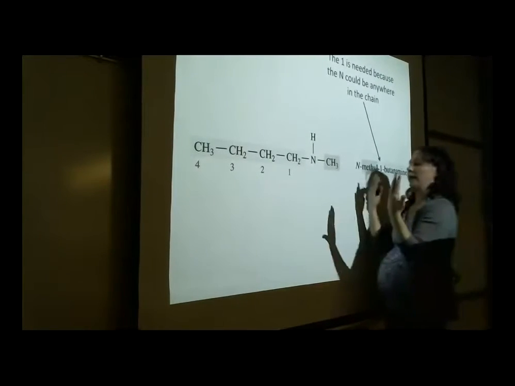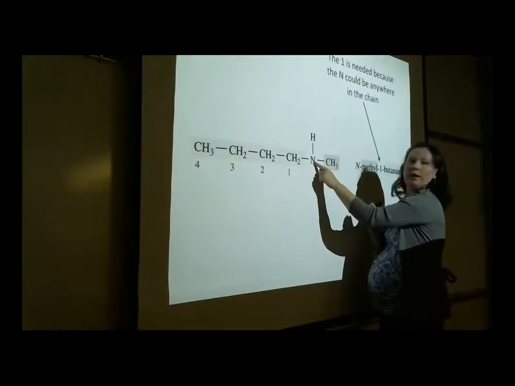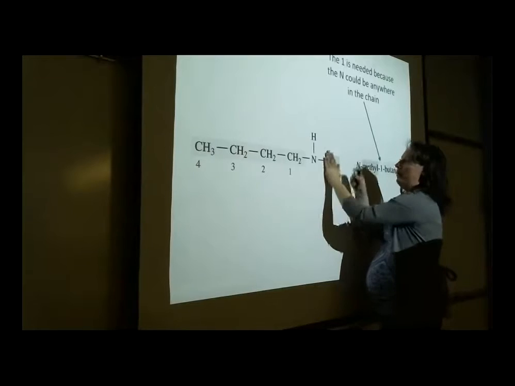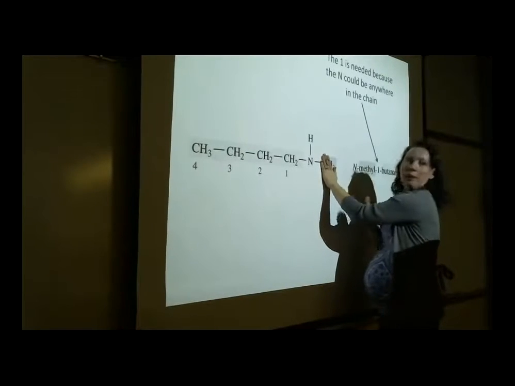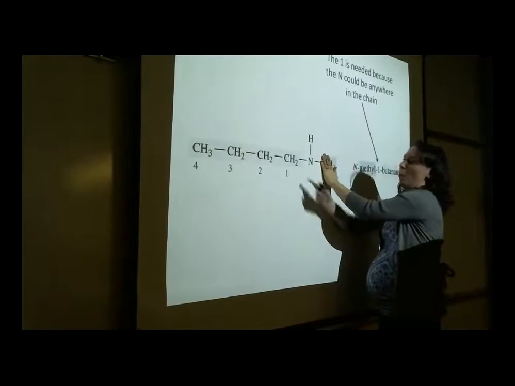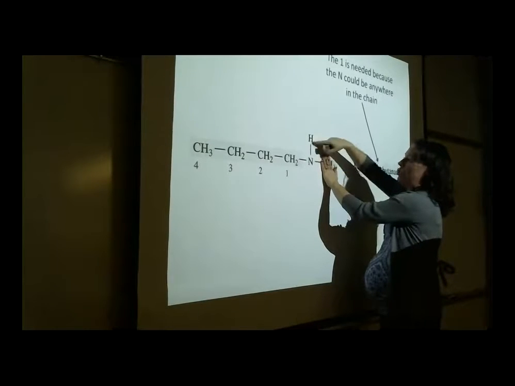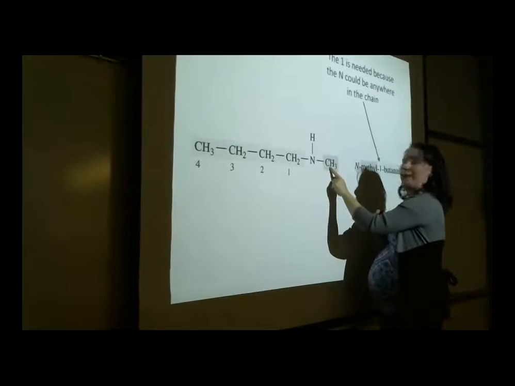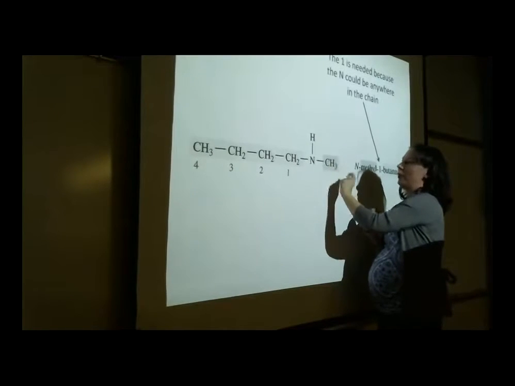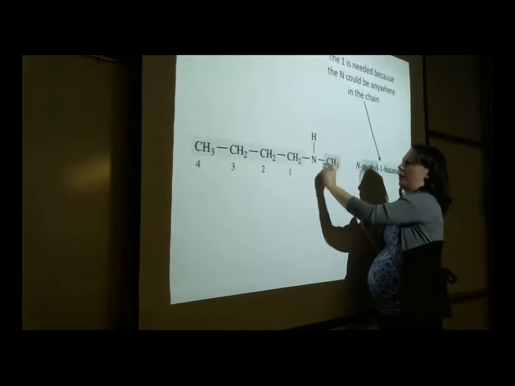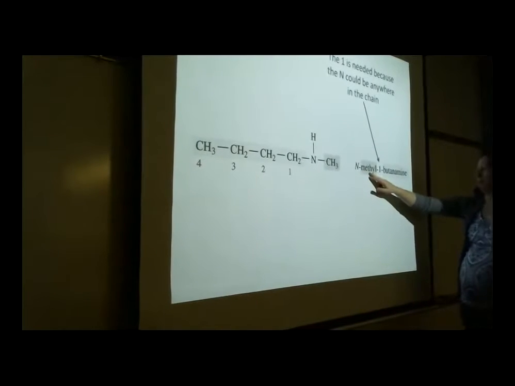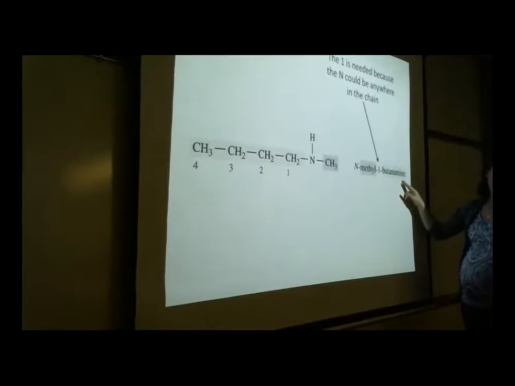So in other words, again, you can think of this as a substituent on a substituent. Because if it were just butanamine, that would be NH with 2 hydrogens, right? 1-butanamine would be NH2 right here. But one of those hydrogens has been pulled off and a methyl group's been put in its place. So we're basically treating this like a substituent on a functional group. So that's why it's N-methyl and then 1-butanamine.